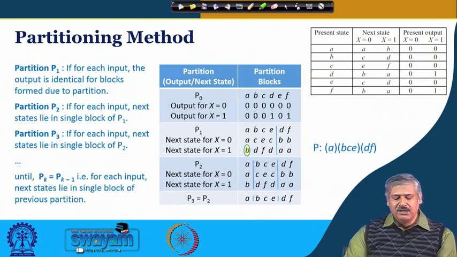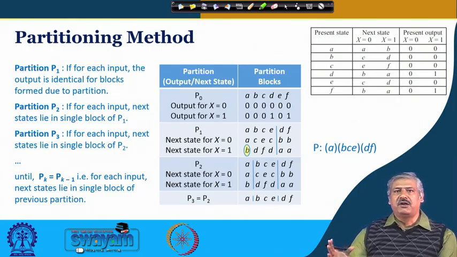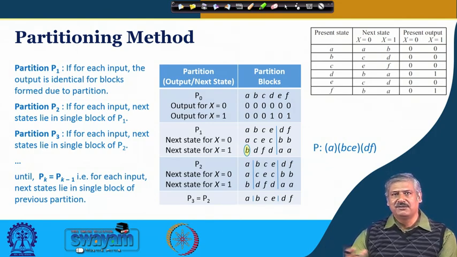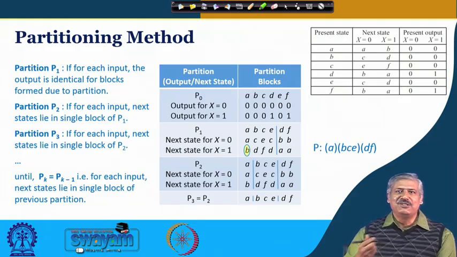In the earlier method, what we had seen is that initially they are all considered separate, and then we tried to group them. We tried to pull them together based on equivalence, so larger groups are formed. In the partitioning method, it is just doing the opposite.